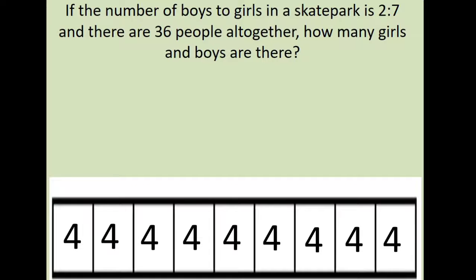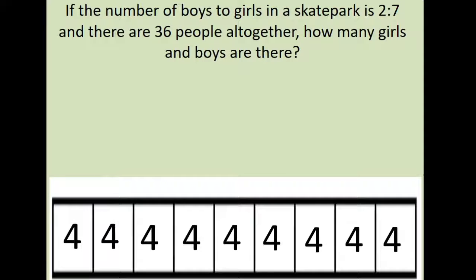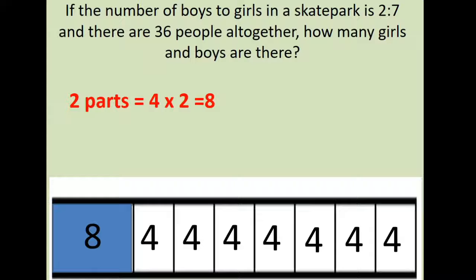Because 2 of the bars are represented by the boys and 7 of the bars are represented by the girls, 2 parts is equal to 4 multiplied by 2, which is 8. So the boys are represented by this section of the diagram, so there are 8 boys altogether.